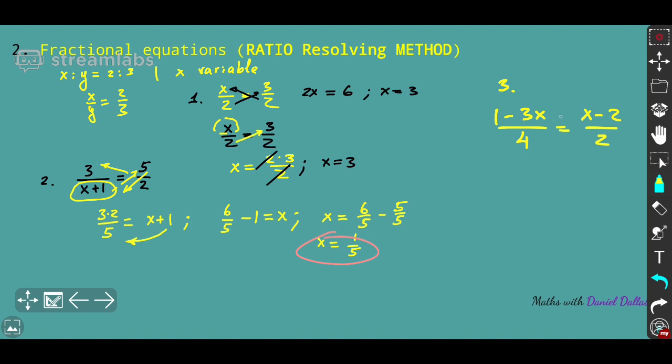However, we have a repeated variable, here and here. So the best way is to make a linear equation first of all. So just a hint, go to a linear equation, all right? So try to do this.